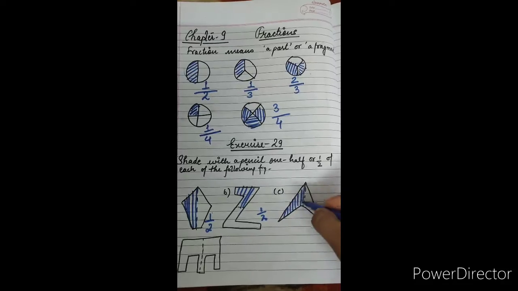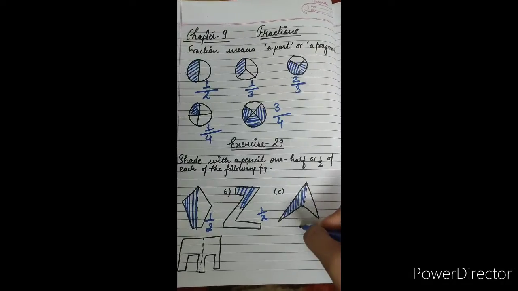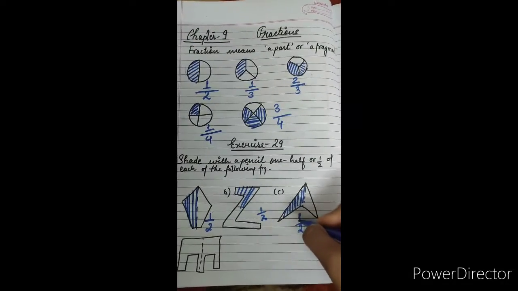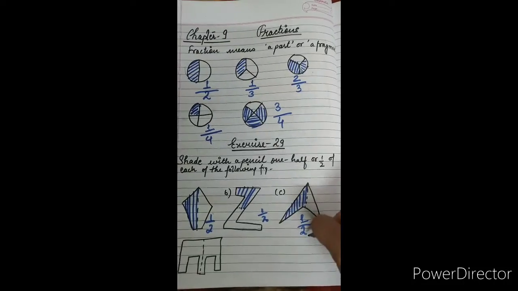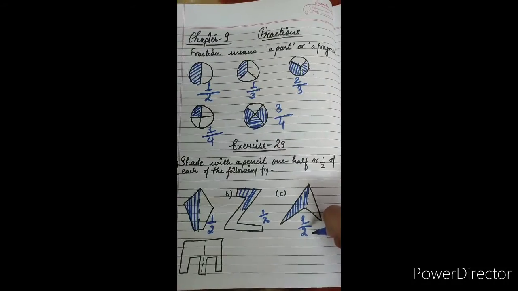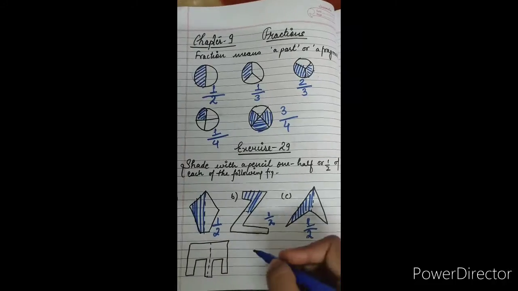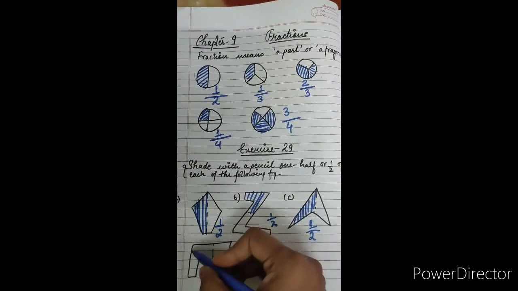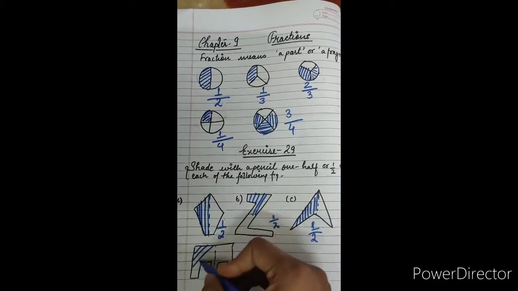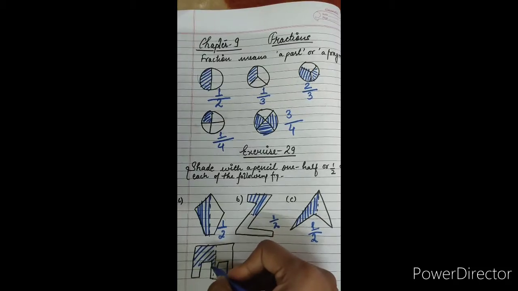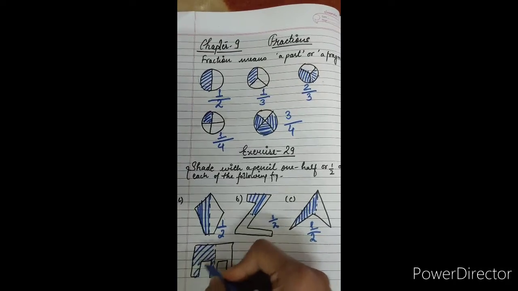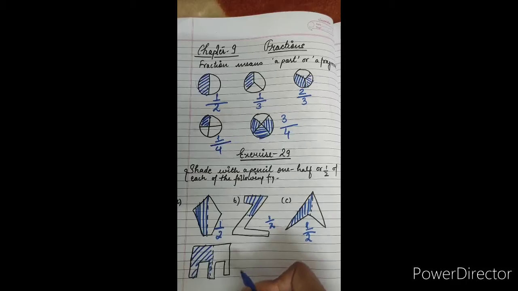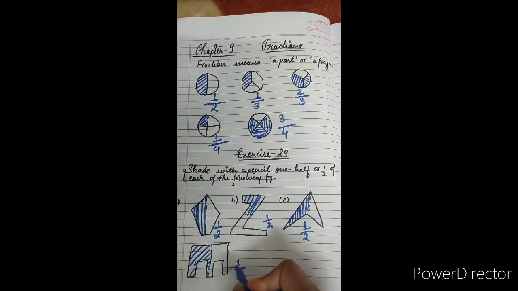Shaded part, total parts is 2 and one part is shaded. So this is also called 1/2 or half. This is the shaded part. Total parts 2 and one part is shaded, so half.